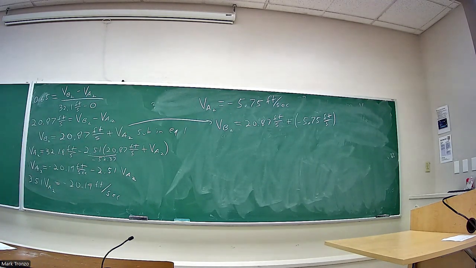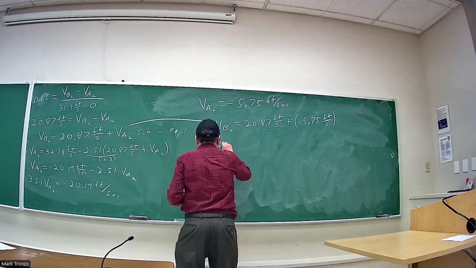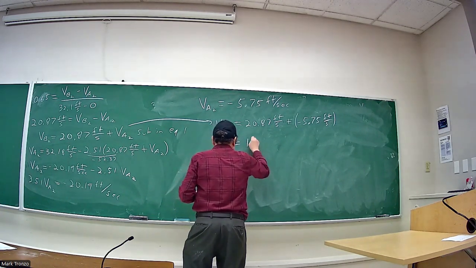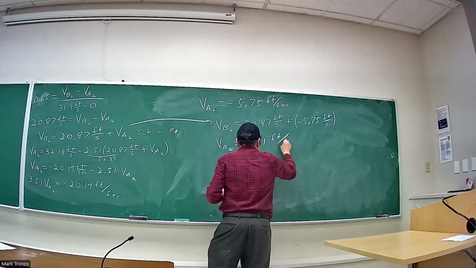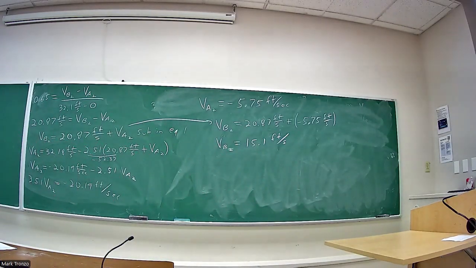And if we add those two together, we get the final velocity of B to be 15.1.